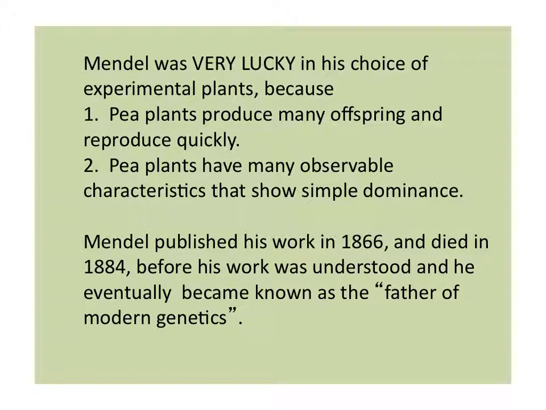But there are lots and lots of things that we inherit that just aren't that simple, and we'll also refer to those as well. On the next page or two, I'll show you some of the pea plants' characteristics, and because of all of those, he could actually see these patterns emerge.